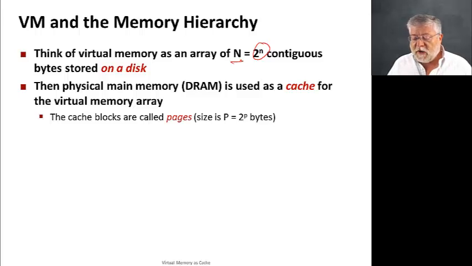So we're going to arrange this virtual memory into blocks, just like we did in our cache before, between main memory and the CPU. In this case, the blocks are going to be called pages, and it's really the same concept. It's just slightly different terminology.